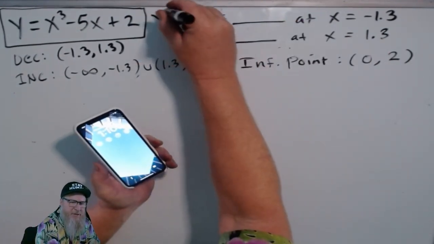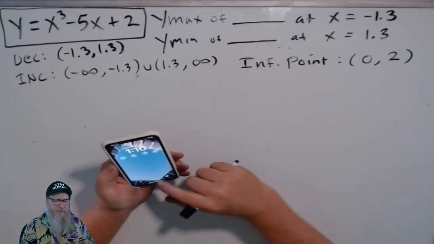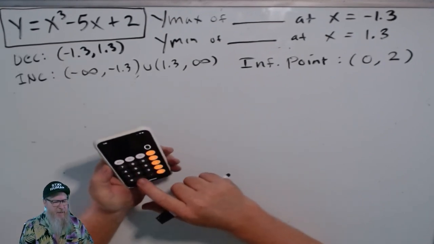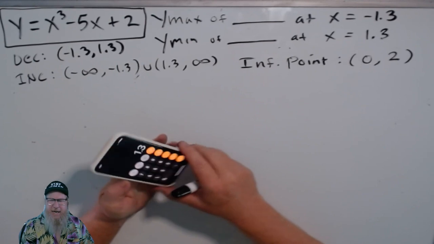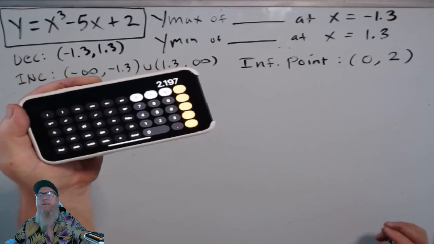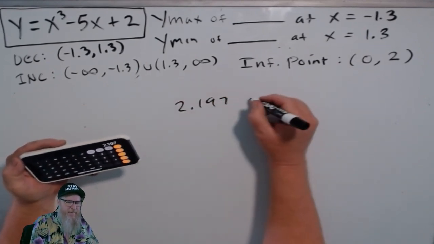Sometimes this is called y max and y min. Just a way of noting that you're finding the y value. So I got 1.3 cubed. I'm going to write it all down in case I screw this up.